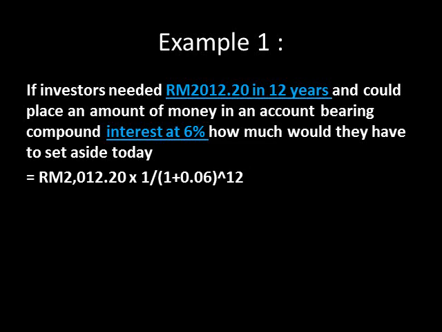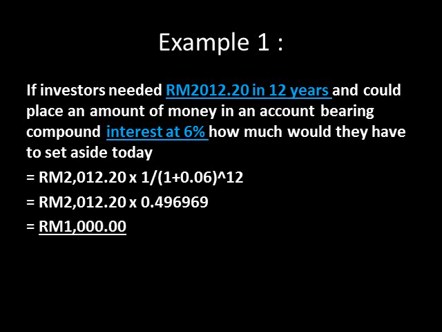So this is the calculation: 1 over (1 plus 0.06) power of 12, which is 1 over A, times 2,012 ringgit. You will get 1,000. This is the result. The 1,000 is actually the amount of 1 ringgit example: we keep 1,000 and after 12 years how much do we get?